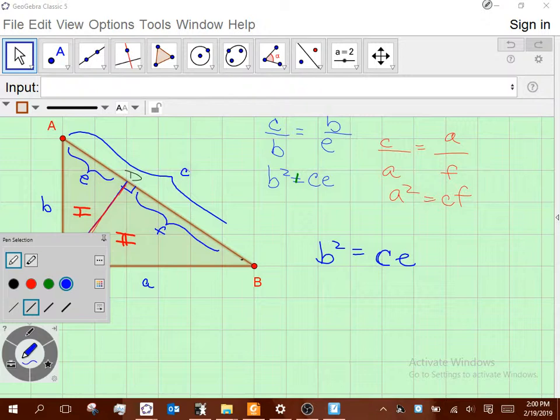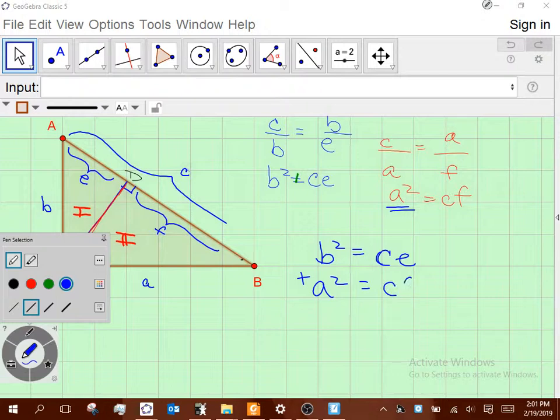I'm going to add A squared to the left-hand side of this equation. So basically, I'm going to take this thing right here and add it with the B squared. If I want to add A squared to the left-hand side, I got to add A squared to the right-hand side, right? Okay. But I'm not going to put A squared over on that right-hand side. I'm going to put something that A squared is equivalent to. CF. Is that still adding the same thing to both sides?